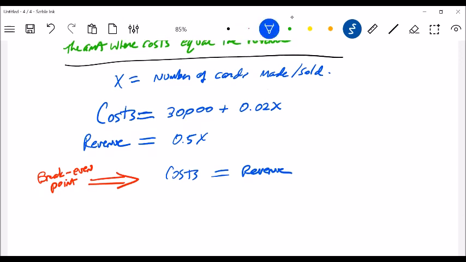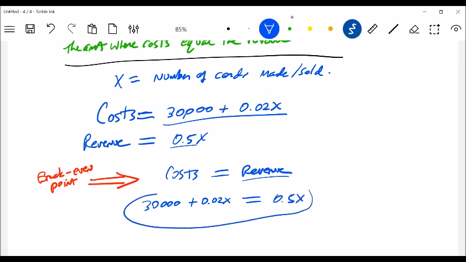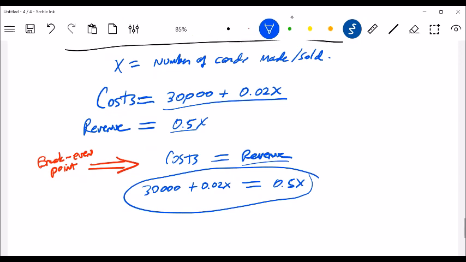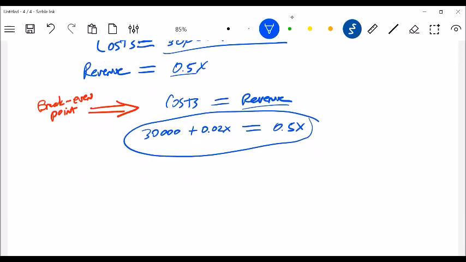So, however, we know that the cost is 30,000 plus 0.02x. And the revenue we know is this amount. We have an equation. All we have to do now is solve that equation. And it's the same variable. It's only a one variable equation. It's in there twice, but it's only one variable.